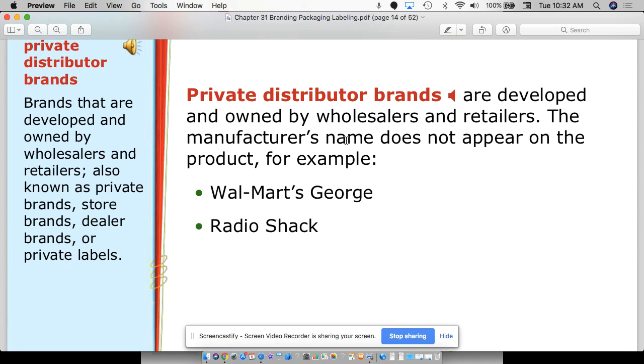So anyway, we talked a little bit about private distributor brands. These would be an example of the stuff from Walmart. I can't remember the name of it. Somebody tell me the Walmart brand. Great Value. What is the Target brand?